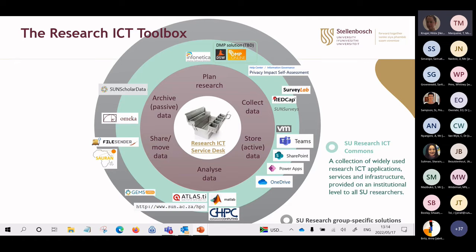So the services we offer to research groups who need highly specialized solutions, we can assist them to unpack their requirements and to document it in the form of a requirement specification so that the research groups can systematically evaluate the different solutions that are out there. We can advise when it comes to the request for information or the request for proposal processes.